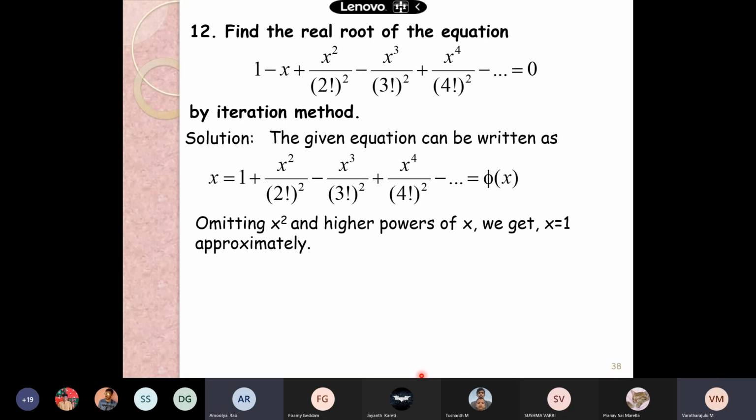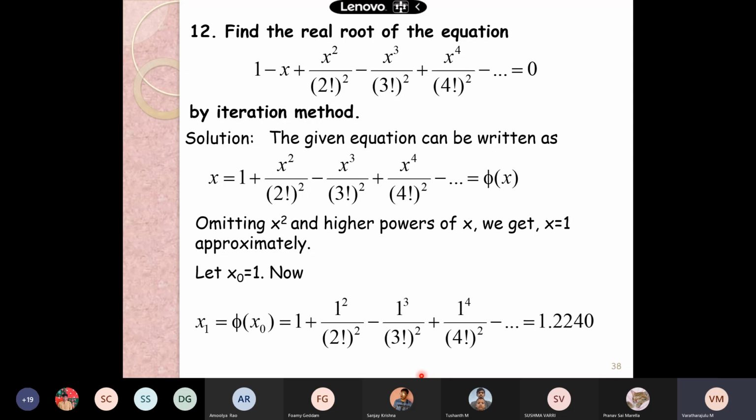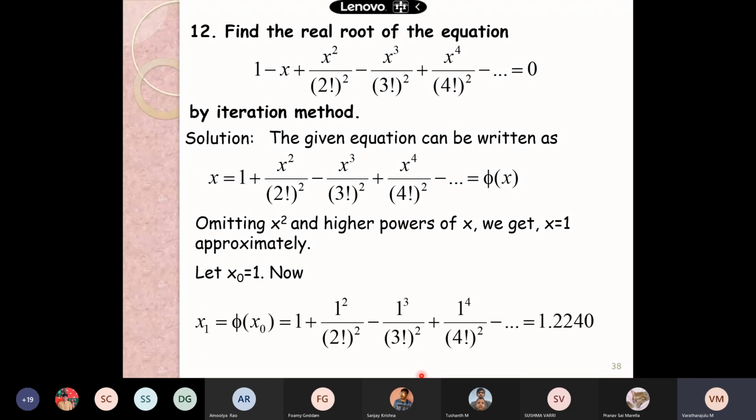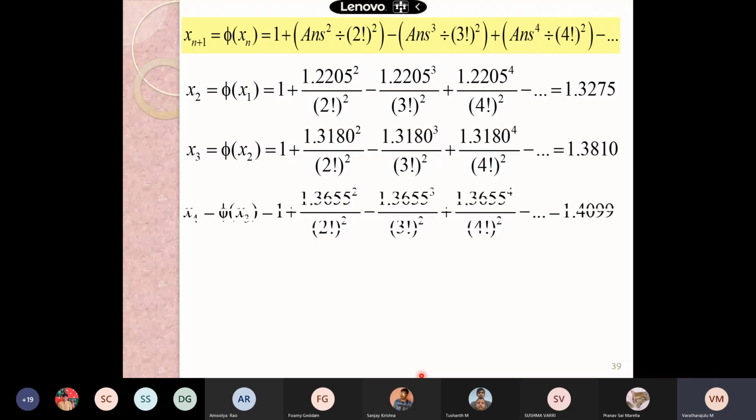We'll revisit problem number 12, since in yesterday's class we discussed it. Here an idea is given for taking the initial approximation by omitting all the other x terms. We get x is equal to 1, right. So that is taken as the initial approximation. By continuing that, we'll get some results. That is what we taught yesterday.